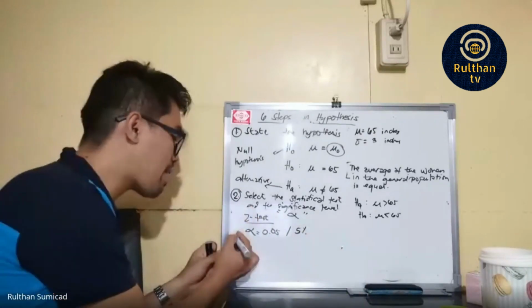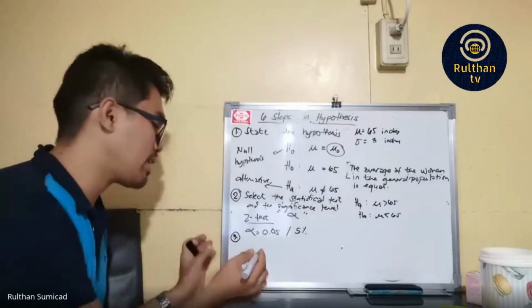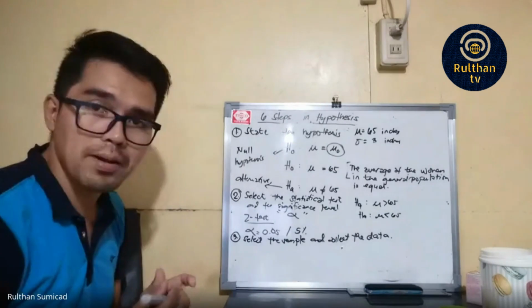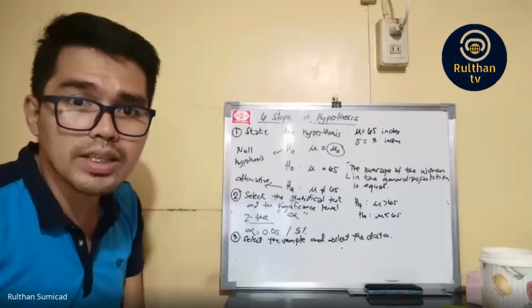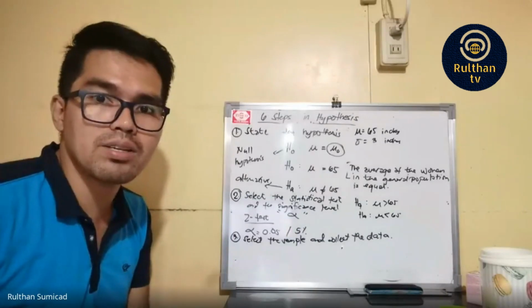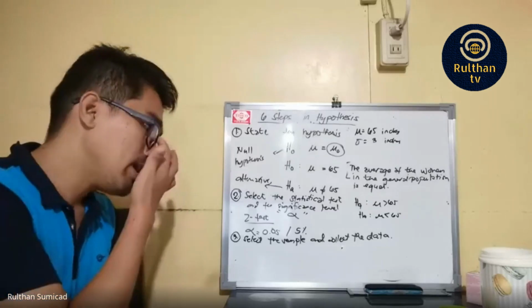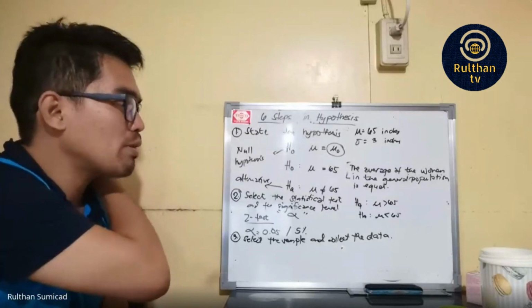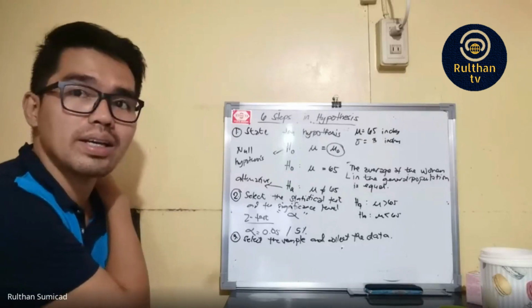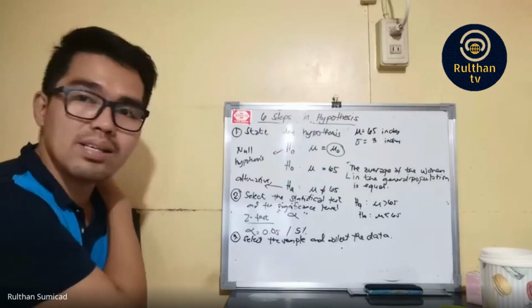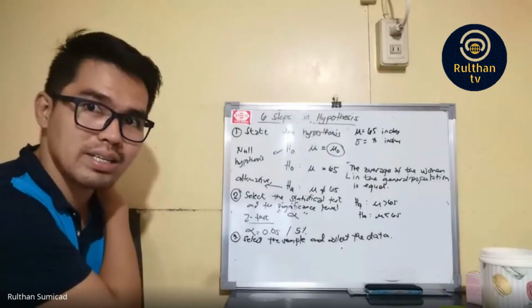So the third step is select the sample and collect the data. We will select the sample and then we collect the data. So in this case, if Dr. Tonin wants to know if the LLD woman is shorter than the average, there is a definitive way to answer that. Accordingly, the definitive way to answer this without doing a statistical test is, like I said earlier, Dr. Tonin can go around the country and look for these LLD women and get their height, then solve their average height.